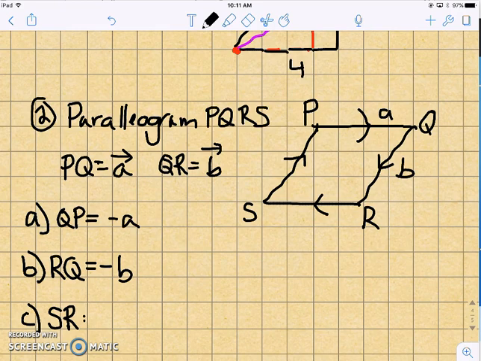It's the same length as A, but the opposite direction, so it's the opposite of A. And then let's say we were to have S to P. Well, S to P is the same length as B, but going the opposite direction, so it's the opposite of B.